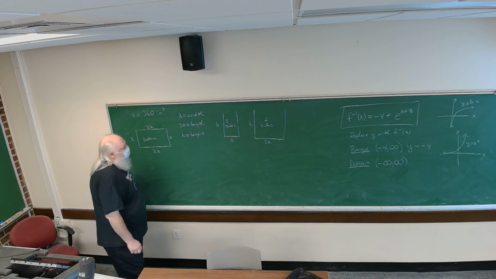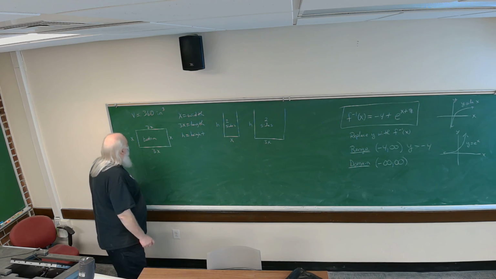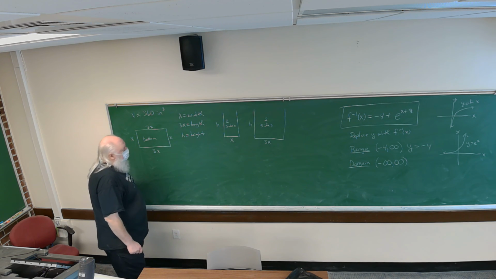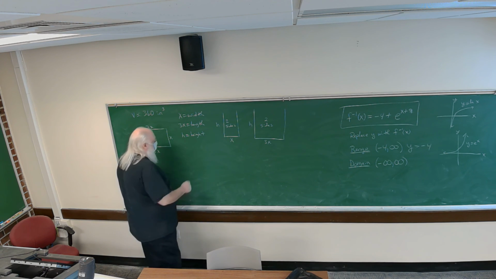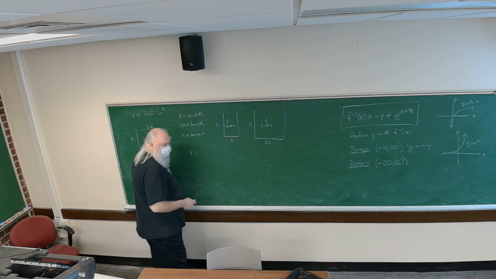And we have to write the surface area of the four sides and the bottom as a function of x. Okay. Well, the volume of this box, as we have now constructed it, is what, width times length times height, right?